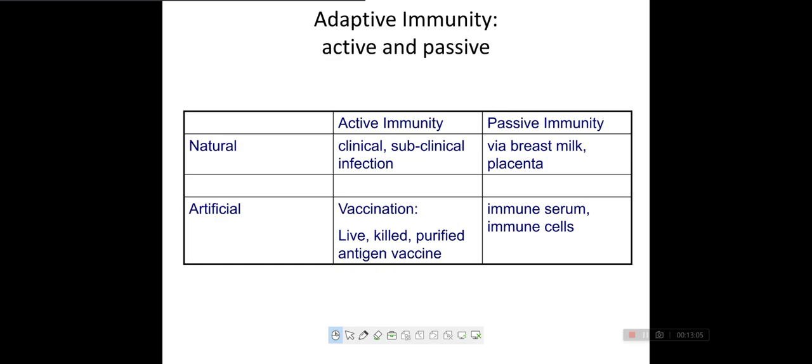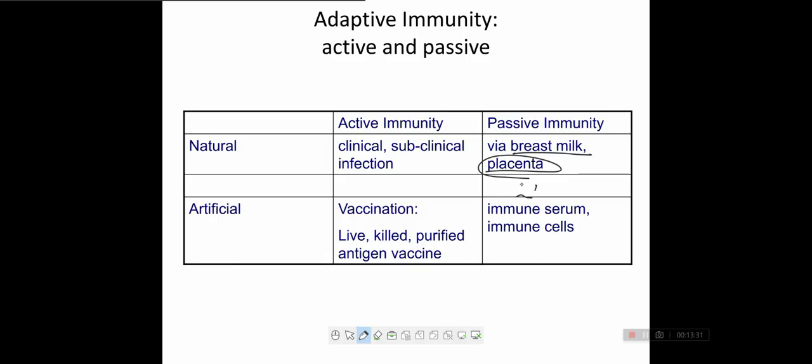Adaptive immunity, active and passive. They are differentiated into active immunity and passive immunity. In active immunity, natural means clinical or subclinical infection, right? In passive immunity, it is via breast milk and placenta. Passive immunity is provided by the breast milk and placenta.